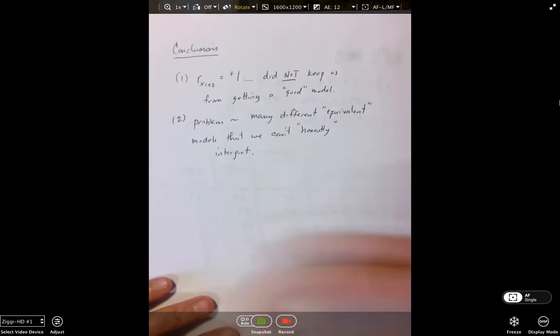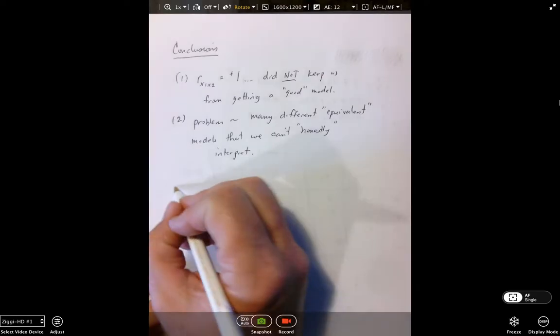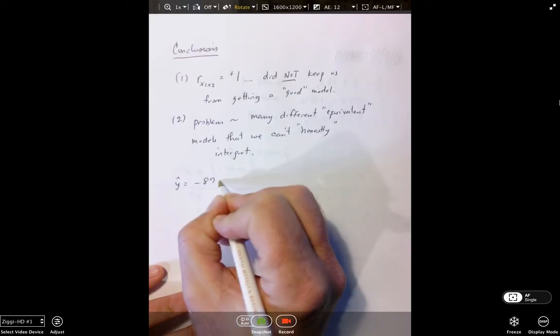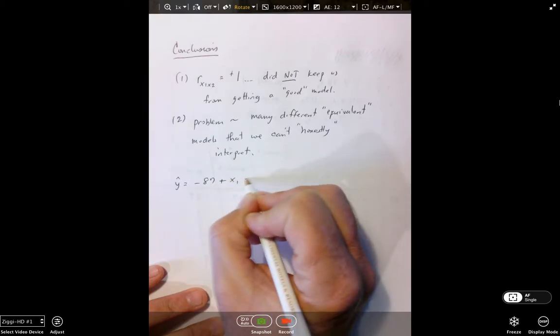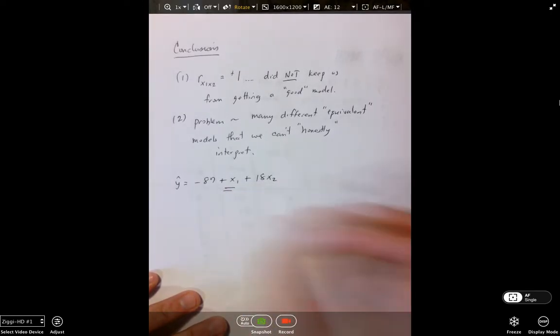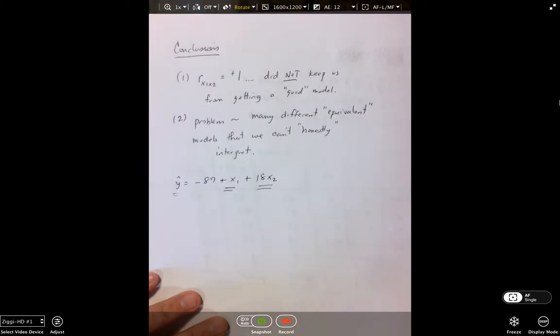I mean, let's go back to, I'm sure you remember how to interpret coefficients. In the first model, let's do this one right here: negative 87 plus x1 plus 18x2. Well, this tells us that controlling for x1, when we increase x2 1 unit, our predicted value changes 18 units.